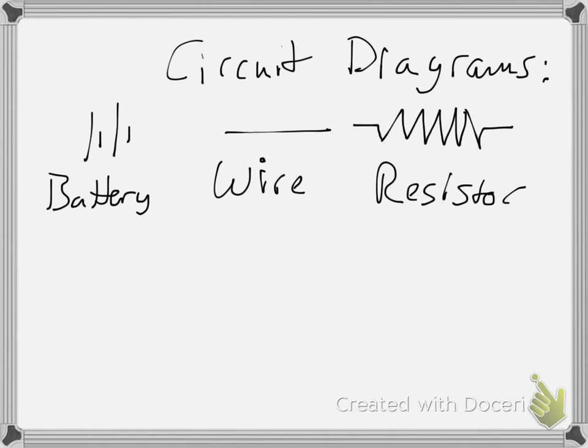Your battery is a couple of lines that are large and then some smaller lines, your wire is just a straight line, and your resistor is a zigzaggy guy. So how does this all get put together?